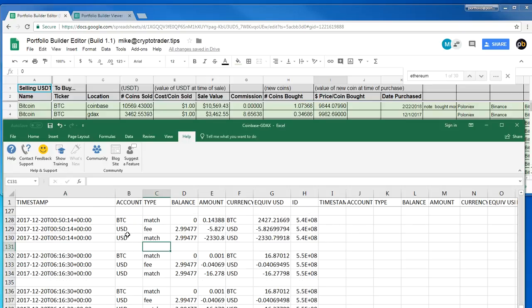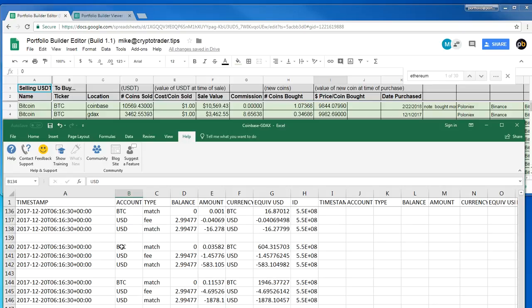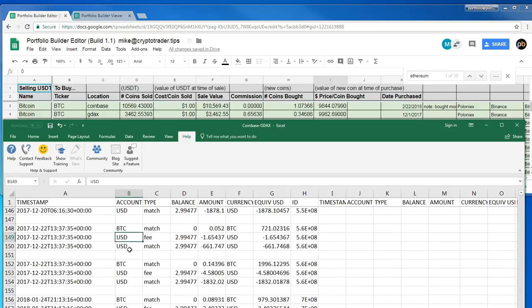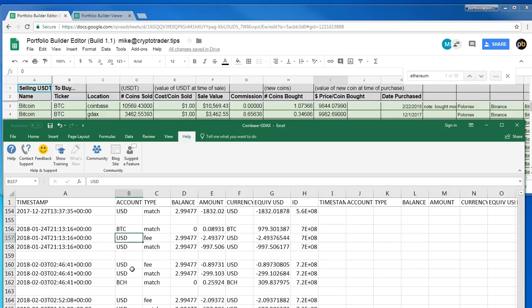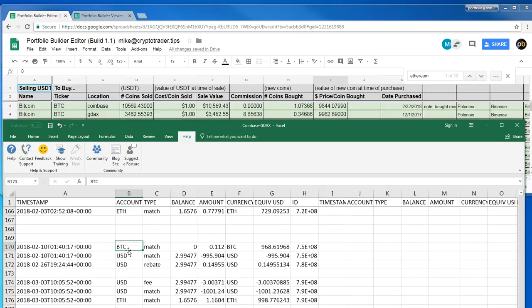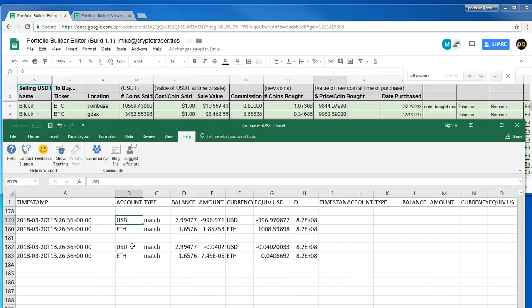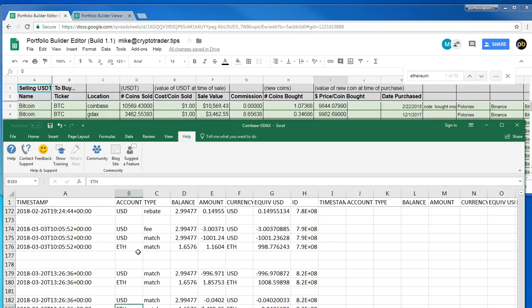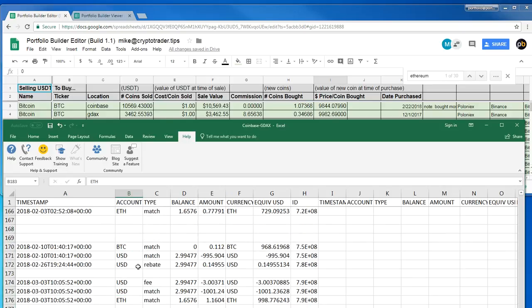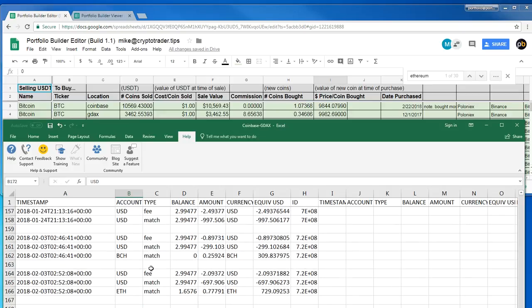So at this point you can see there are now 1, 2, 3, 4, 5, 6, 7, 8, 9, 10, 11, 12, 13 total trades to input. They are all paired against the USD tether, and so they're all the exact same formula.